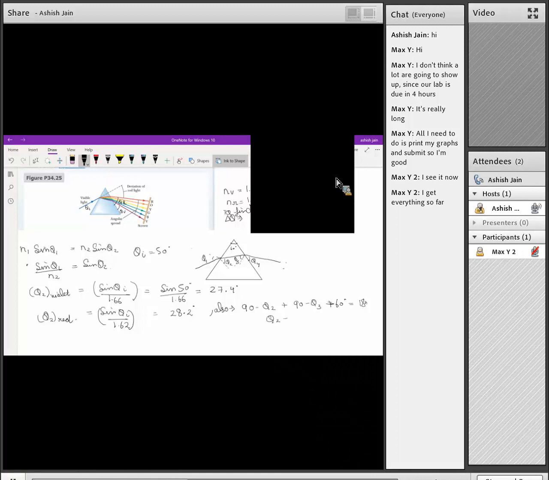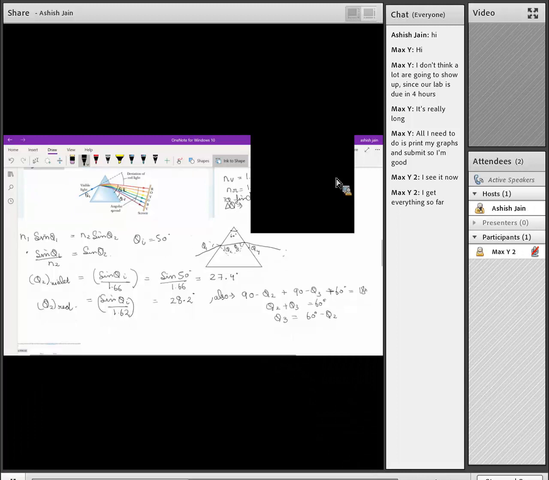So theta 2 plus theta 3 is equal to 60 degrees, or theta 3 is 60 degrees minus theta 2.